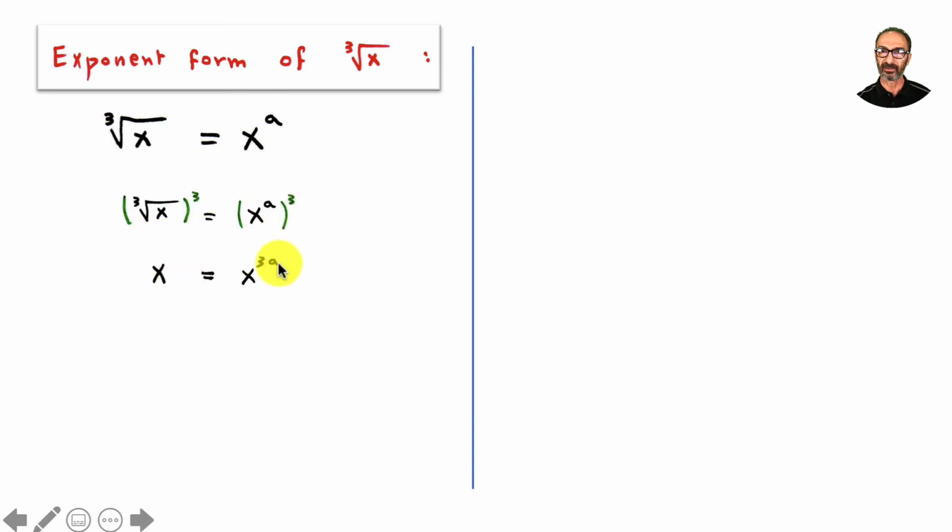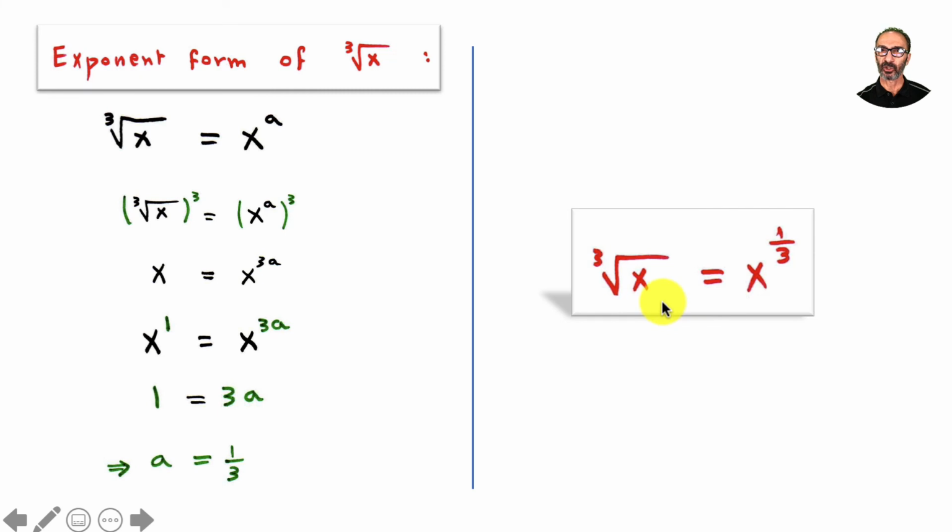Multiply 3 times a, that's 3a. Same idea: x to the power 1 equals x to the power 3a. Same base, so the exponents have to be equal. Divide by 3, and a equals 1/3. A summary of this says the cubic root of x is x to the power 1/3. Notice that here we don't have restrictions on the domain of x, because we could have negatives here.